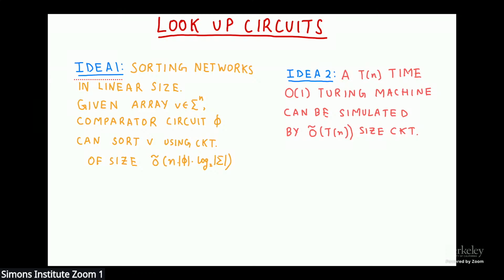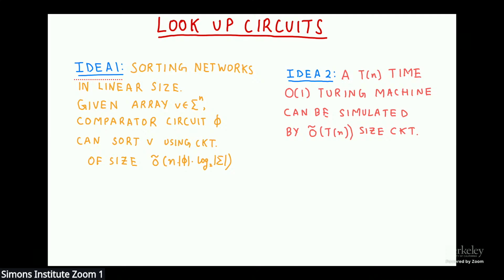The second idea is that when you look at Turing machines with a constant number of tapes, and I give you a promise that this Turing machine runs in time T of n, any such Turing machine computation can be simulated by a circuit of size quasi-linear in the time it takes to run the Turing machine. It's a complicated process. It goes through what's called an oblivious Turing machine. Don't even ask me how it works because I might not be able to recall. But something like this exists.